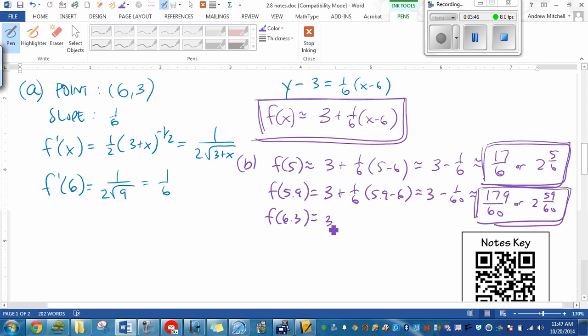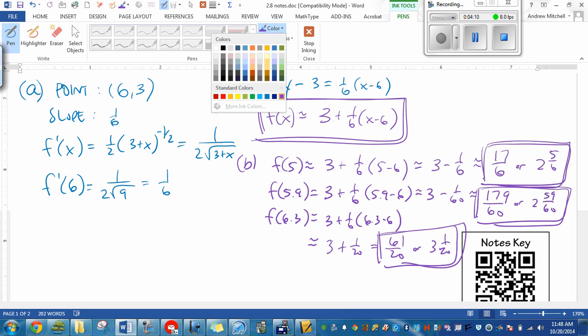And our last one, 3 plus 1/6 times 6.3 minus 6. 6.3 minus 6, we get 0.3 or 3/10 times 1/6. That'd be 3 over 60, or 1 over 20. So here we're going to get 61 over 20, or 3 and 1/20.